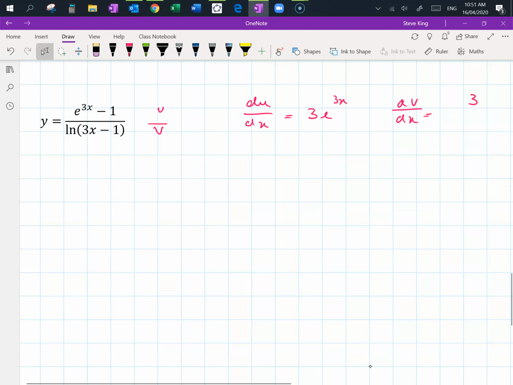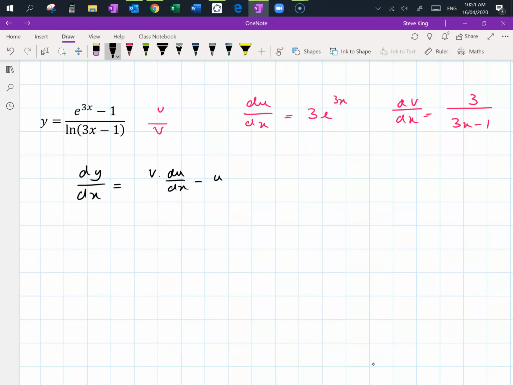It's going to be 3 over 3x minus 1. And now I can get on and tackle this part, dy dx. Remember, this was going to be v times du dx minus u times dv dx all over v squared. That's the formula that you have on your formula sheet.